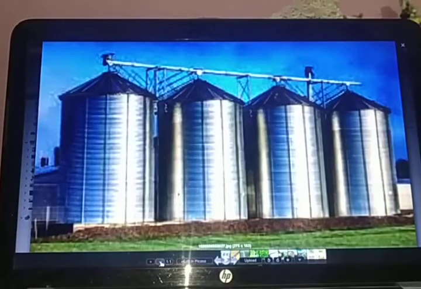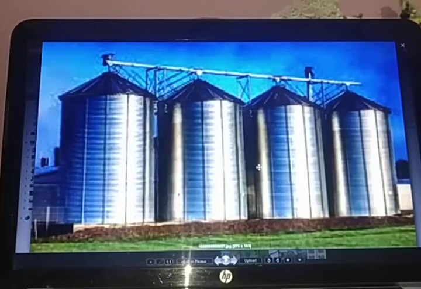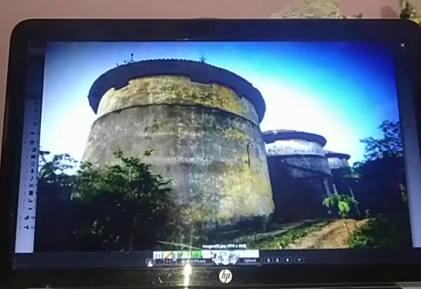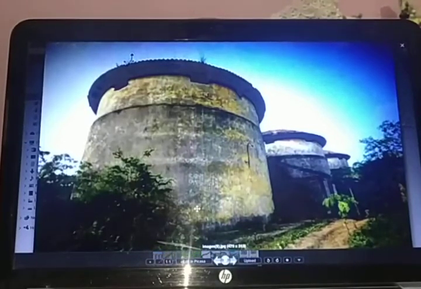Can you see the silos? These are large metallic bins, but on a large scale. They can contain tons of grains, right? And these are the granaries. In many places silos are not available, so in villages these types of granaries are used for storing the grains, right?